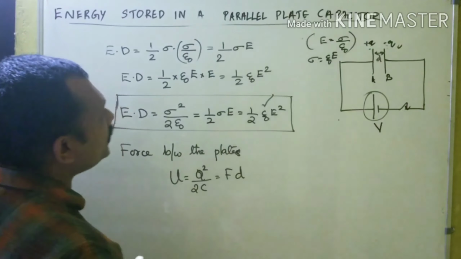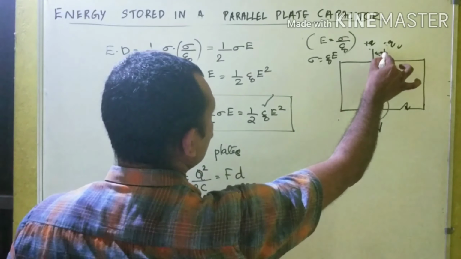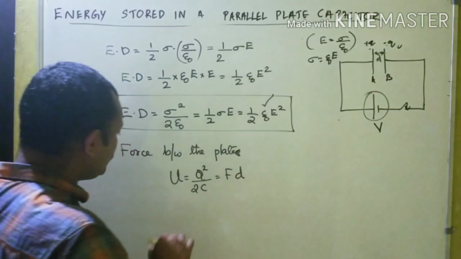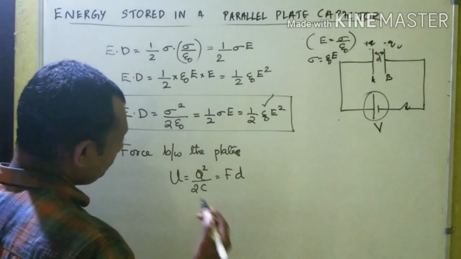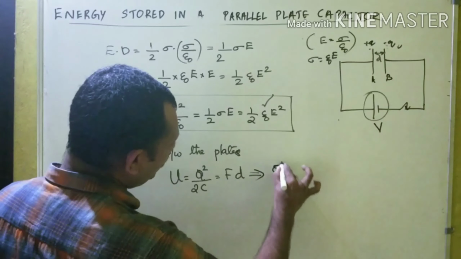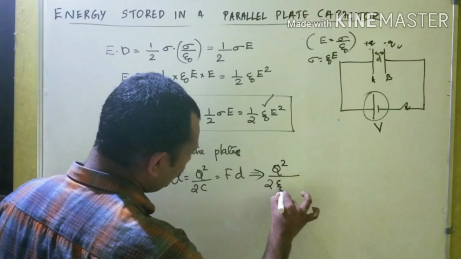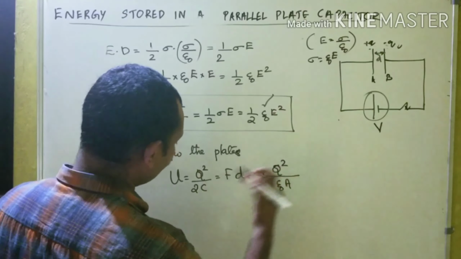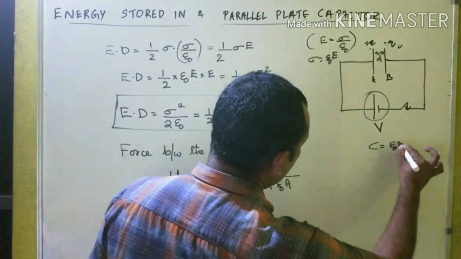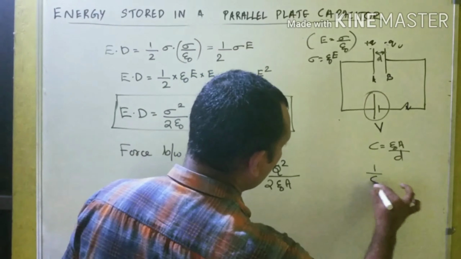Okay, force required to take a charge, say a charge from here to here. Now Q square by 2C is equal to F into D. Now that gives me Q square divided by 2 epsilon 0 A, since C is epsilon 0 A by D. Capacitance C is equal to epsilon 0 A by D. Now 1 by C is equal to what?